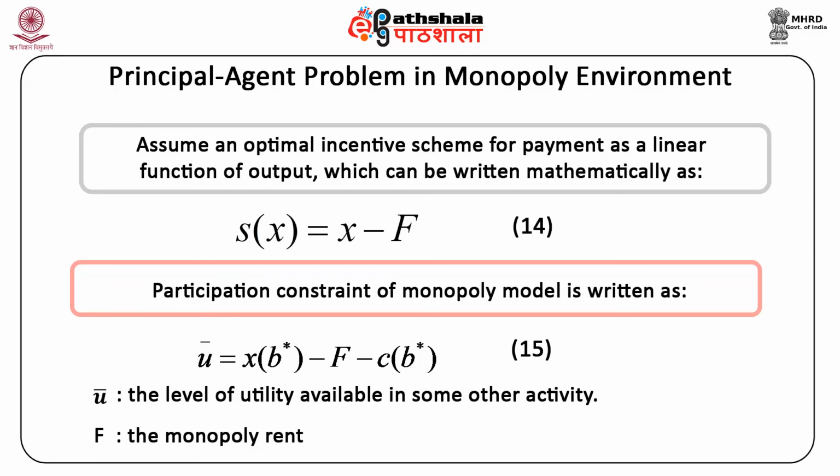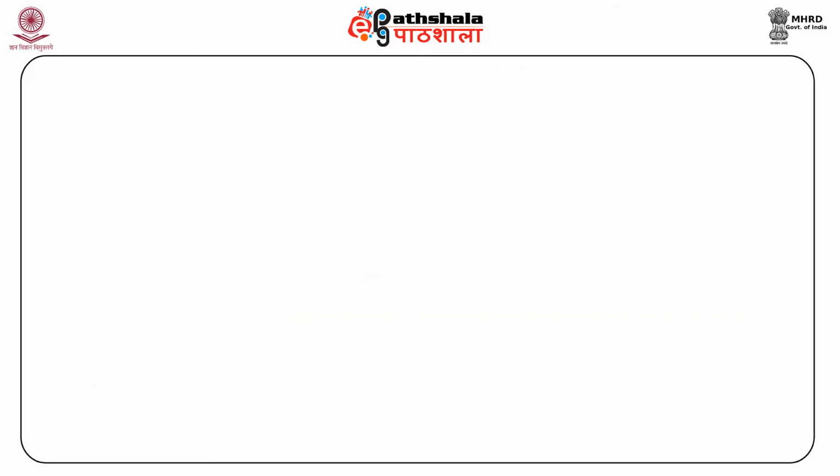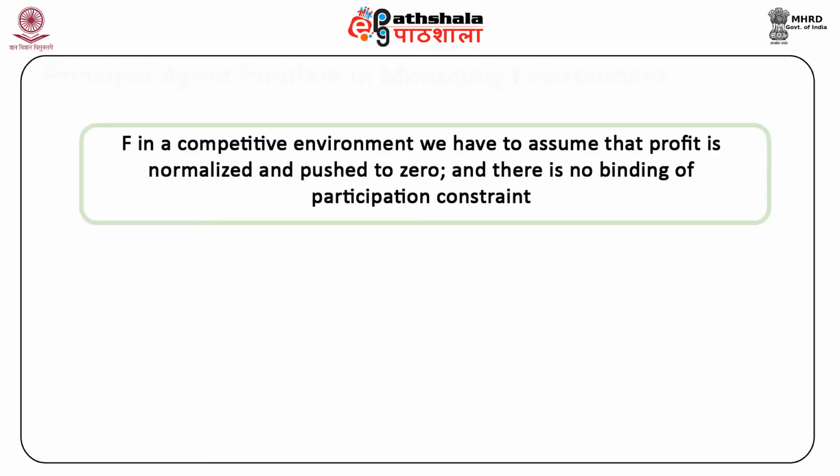However, this is inappropriate in competitive environment. In order to determine capital F in a competitive environment, we have to assume that profit is normalized and pushed to zero and there is no binding of participation constraint.